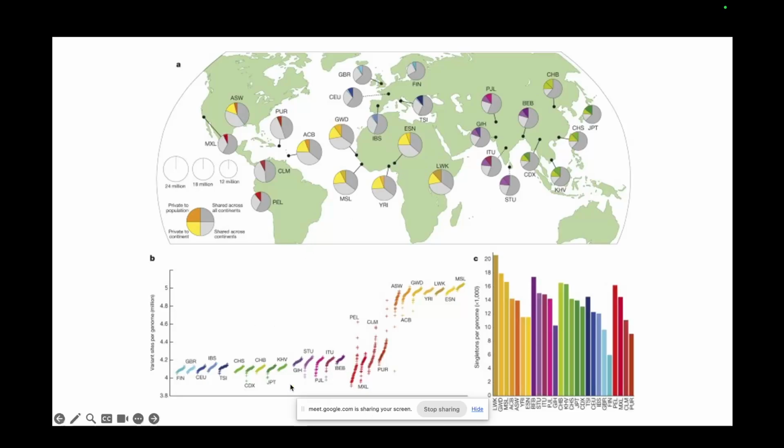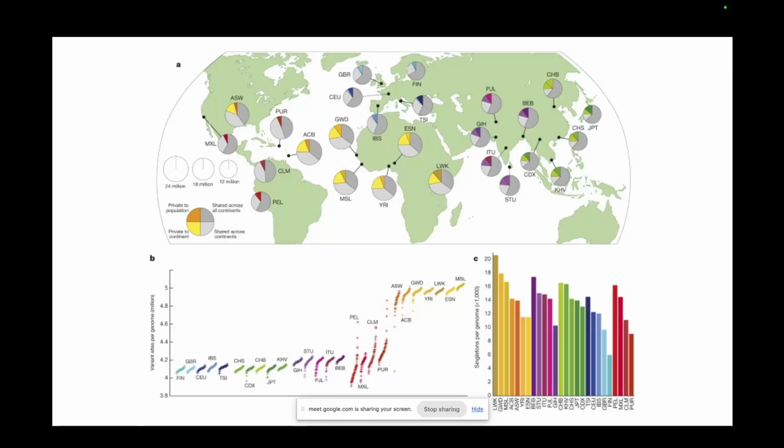In the plot below, if I'm not wrong, these are the total number of variants in a population, shown as a distribution, in millions. On average, an individual has around 4 to 5 million variants. But you see some populations having a lower number of variants per genome and some having a higher number. So there are systematic differences between these populations.